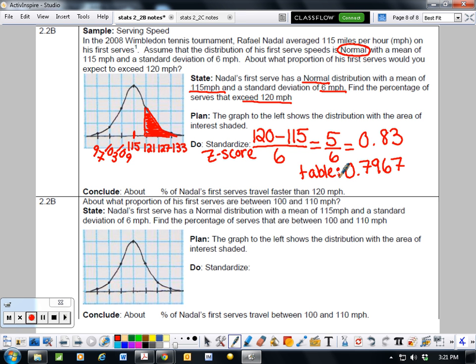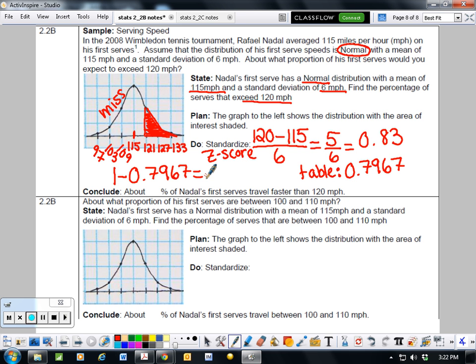Oh, wait, I did that wrong. That should actually be how much is lower. That's my missing part. So if I want the higher part, I actually have to do 1 minus 0.7967. I have to do a little bit more work because I wasn't paying attention. Wonder how often that happens to people.